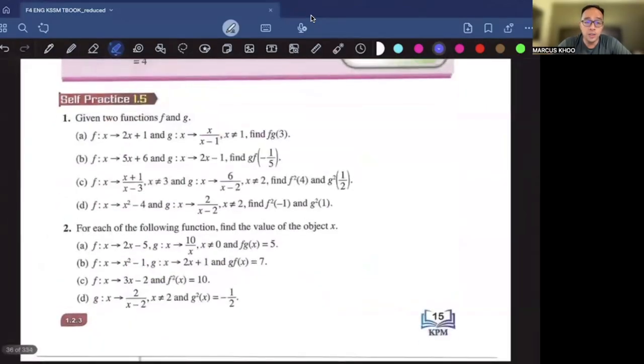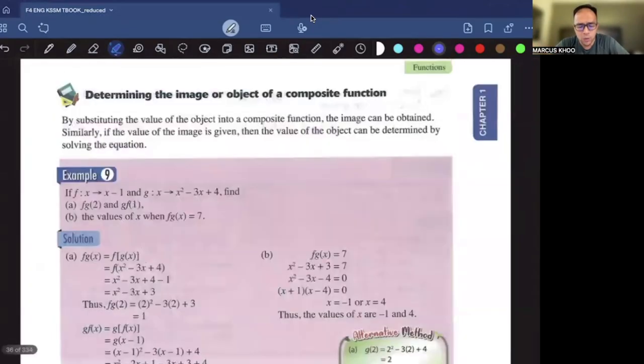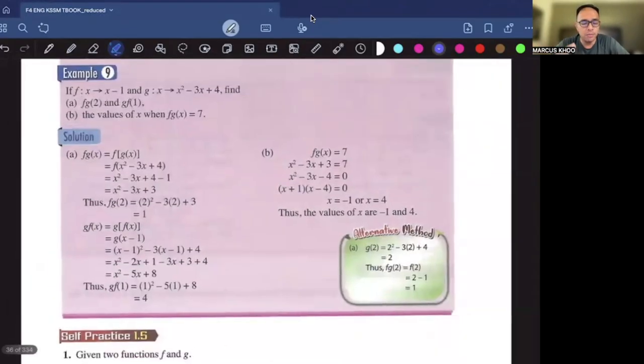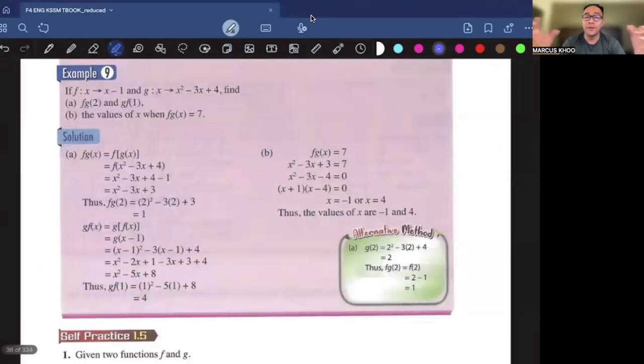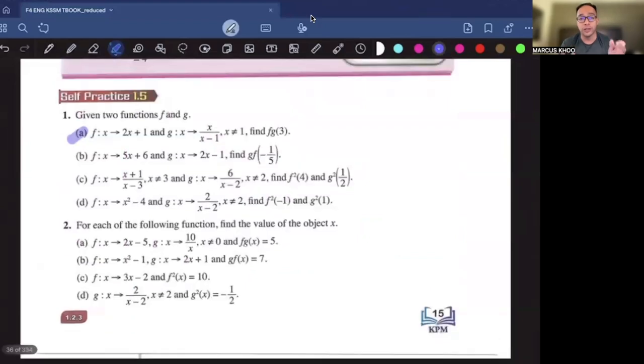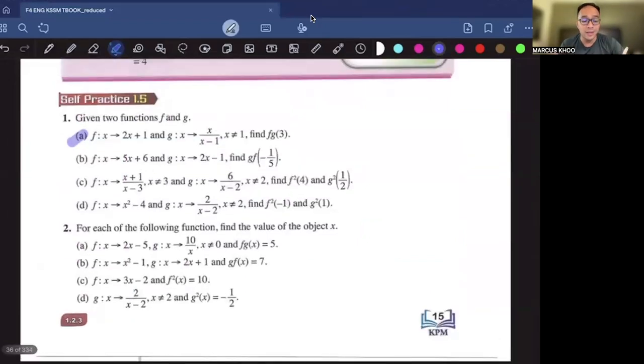Given two functions, f(x) is 2x plus 1 and g(x) is x over x minus 1. Find fg(3). Now, there are two ways you can do this. Number one is you do the long way: find the composite function, then you find the image. Or alternatively, you settle the inside function first.